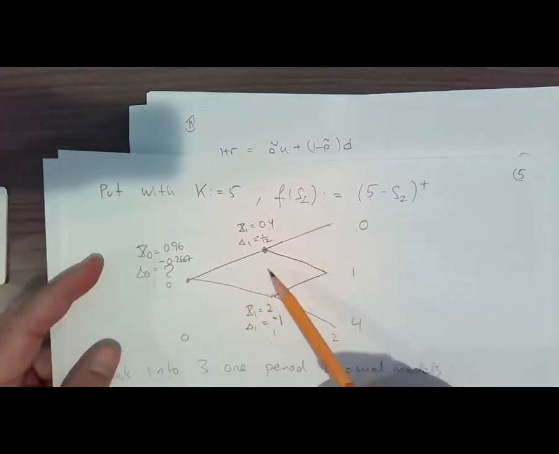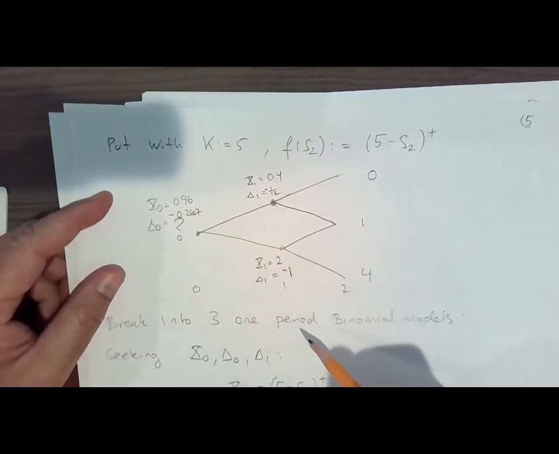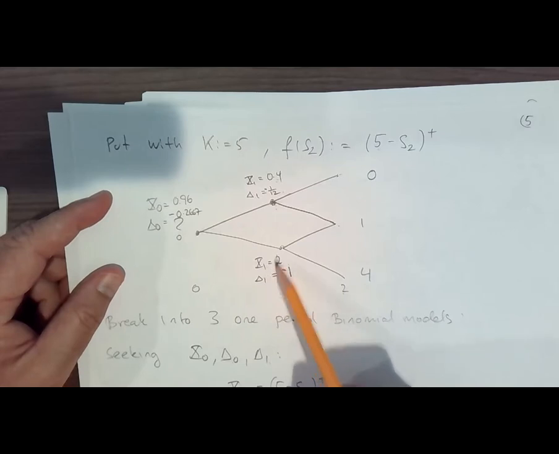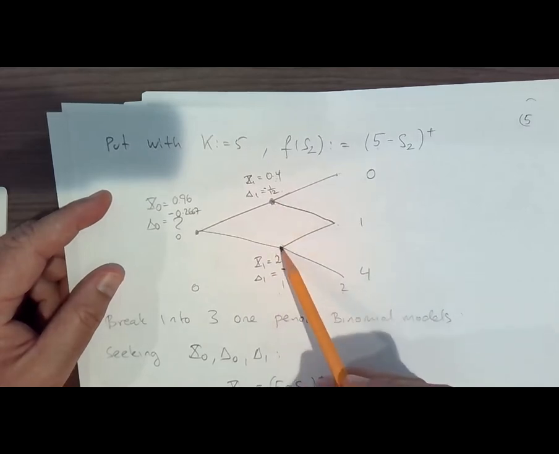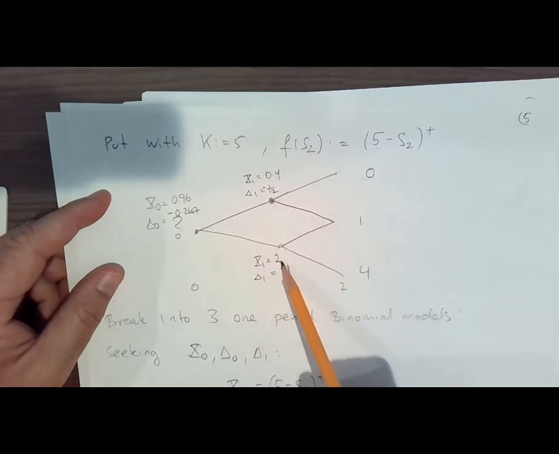Well, it's not an expectation, right? Because it's random, it depends on whether we go up or we go down. X1 is not the same in this node and in this node. X1 is either 0.4 or 2.